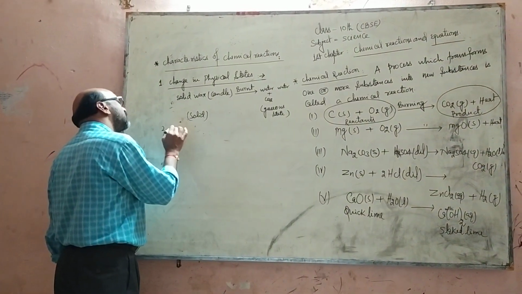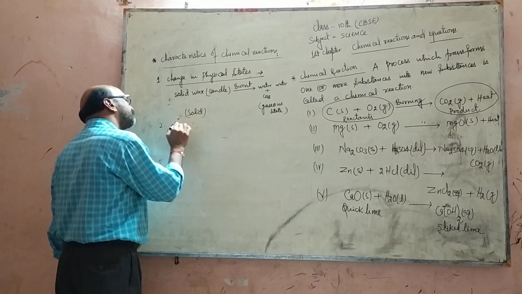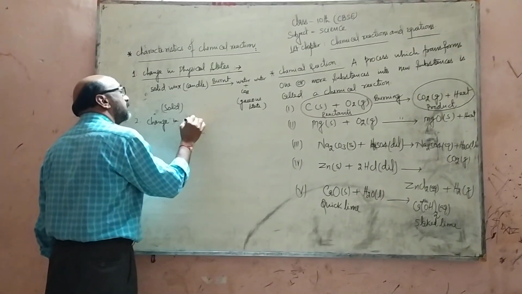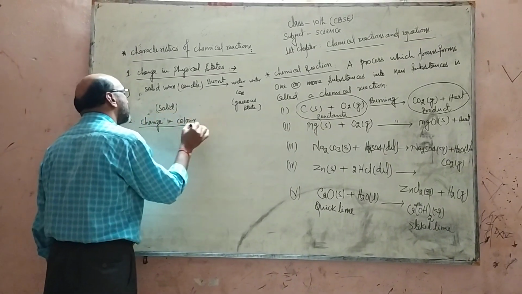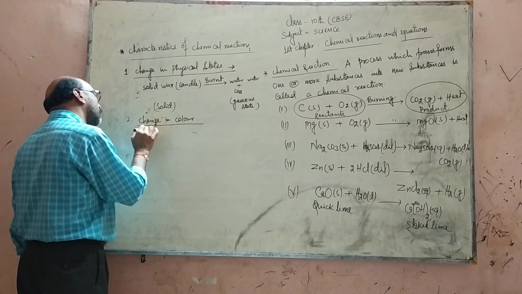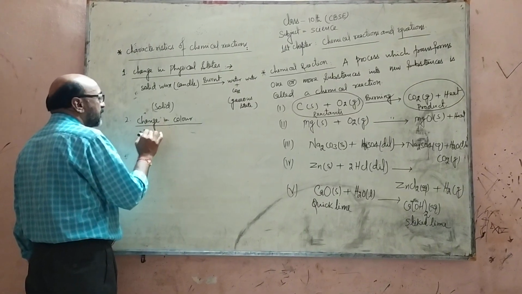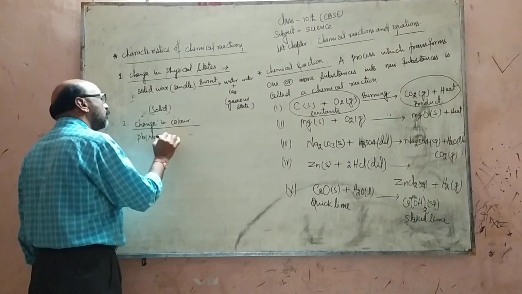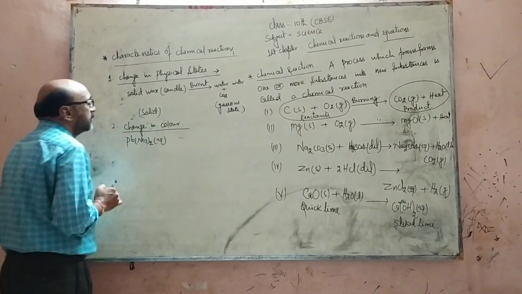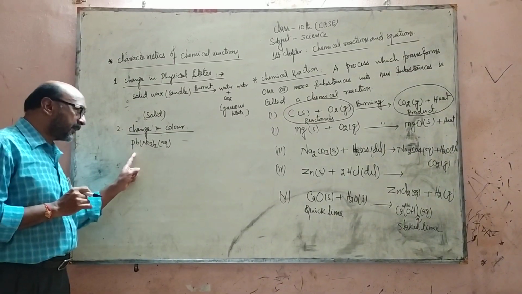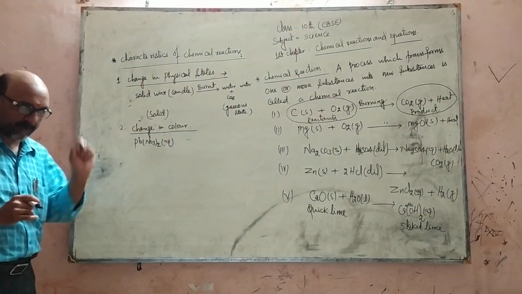The second is change in color. If we take a chemical substance called lead nitrate, Pb(NO3)2 aqueous, we take aqueous solution of lead nitrate and potassium iodide.